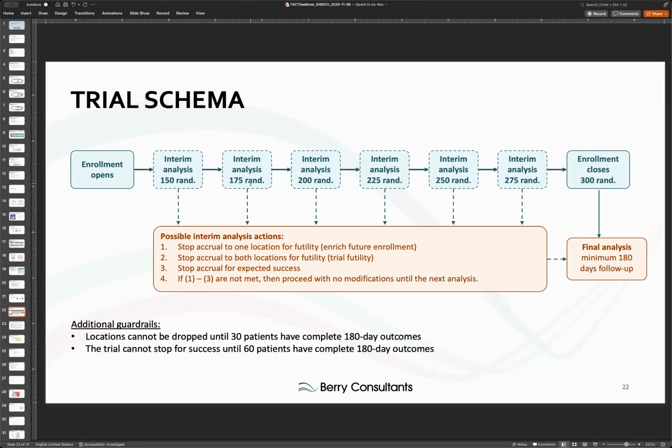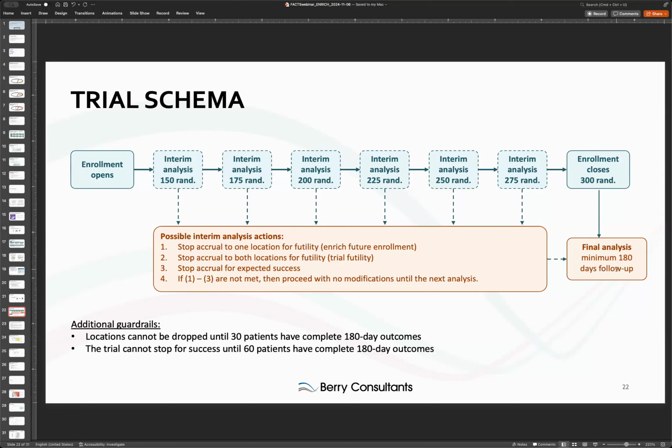You randomize 25 more patients with no modifications. Once you stop accrual, whether it's by getting to 300 maximum sample size or by stopping early, you wait 180 days, allow all your participants to have the opportunity to observe their primary endpoint, and conduct your final analysis.